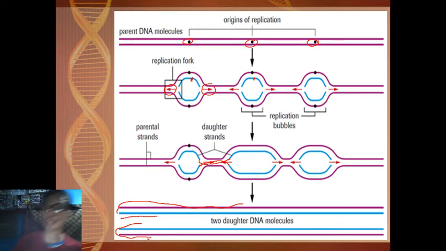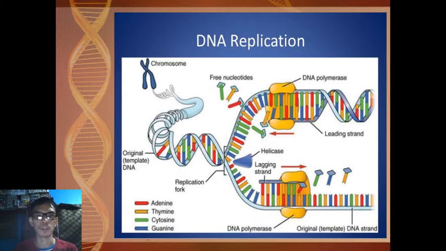So the question is, how is it possible? What are the things in this process that make this replication possible? The replication is possible because there are some enzymes included in this replication process.